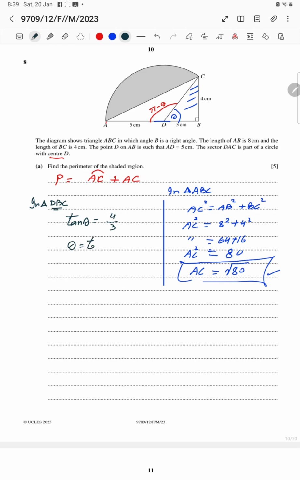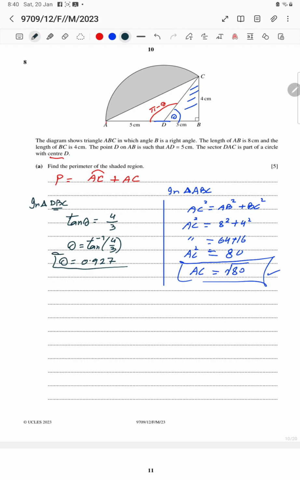Theta becomes tan inverse of 4 by 3. And with the calculator, keep the calculator mode first in radian, right? Shift tan. So in radian mode theta comes to be 0.927, right, up to 3 significant figures.